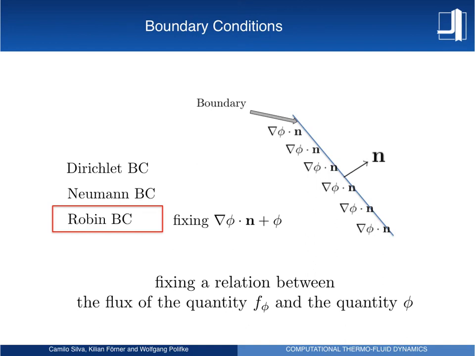When you want to impose the flux going through a solid and equate this flux to the flux going to the adjacent surrounding air, this is the boundary condition you want to impose. You can call it conjugate heat transfer, and then you impose a Robin boundary condition.